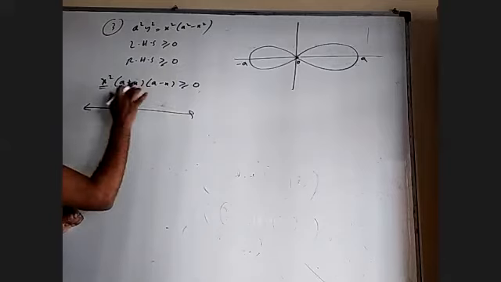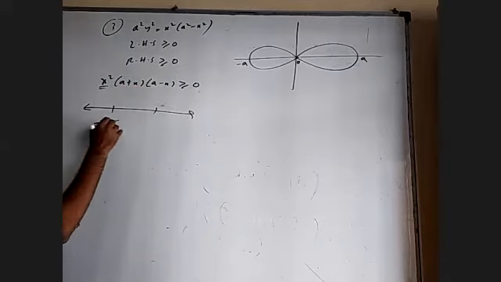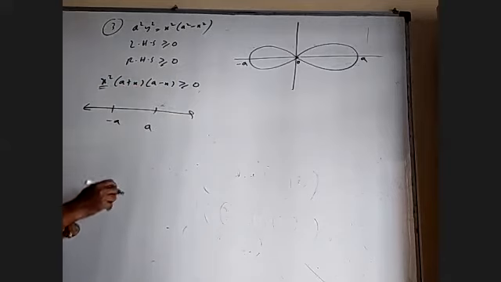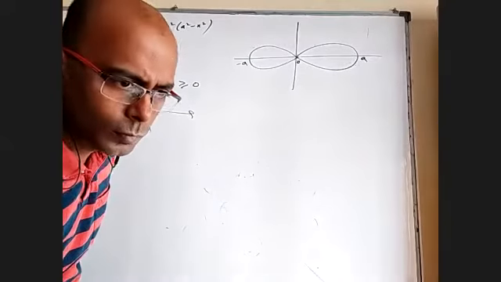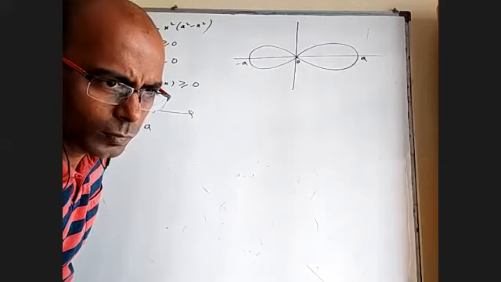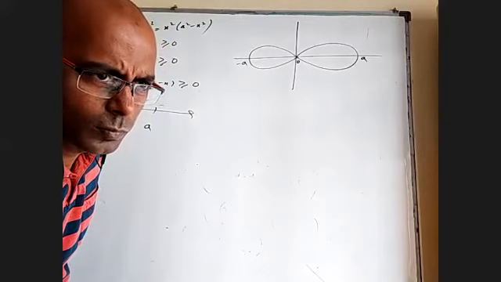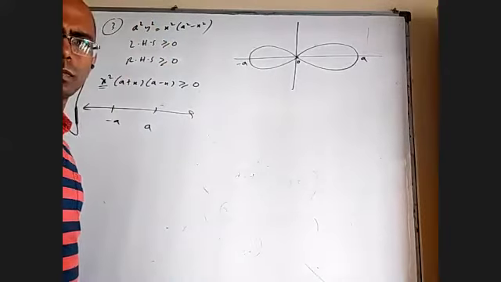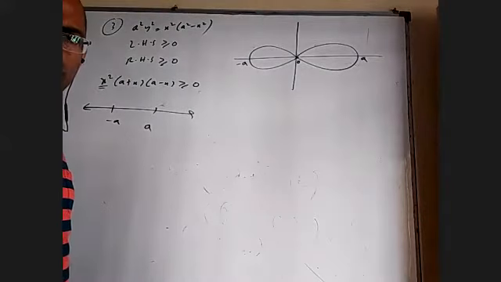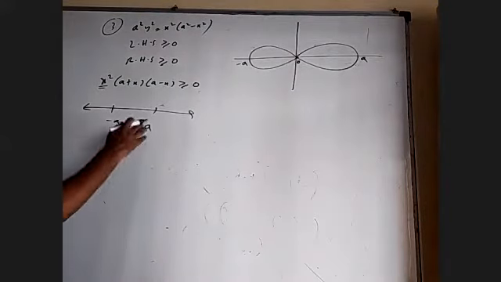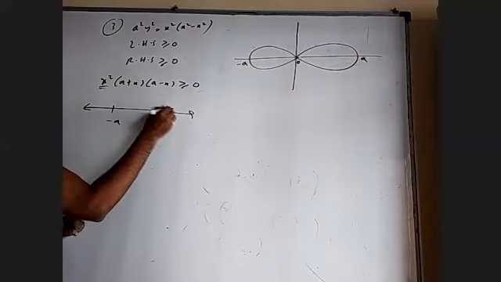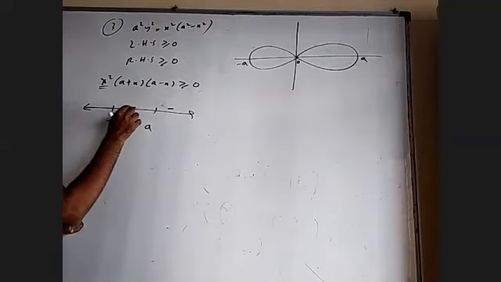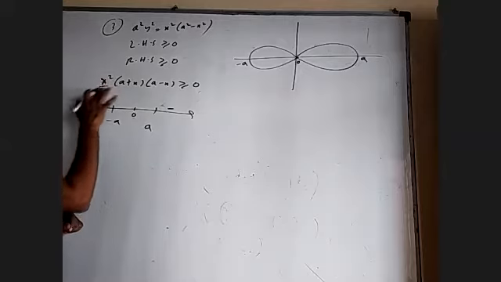So on the number line, the critical points are minus a and a. If you take anything more than a, this will be negative, this is positive, so it will finally be negative here. 0 doesn't play any role because there's no sign change here.